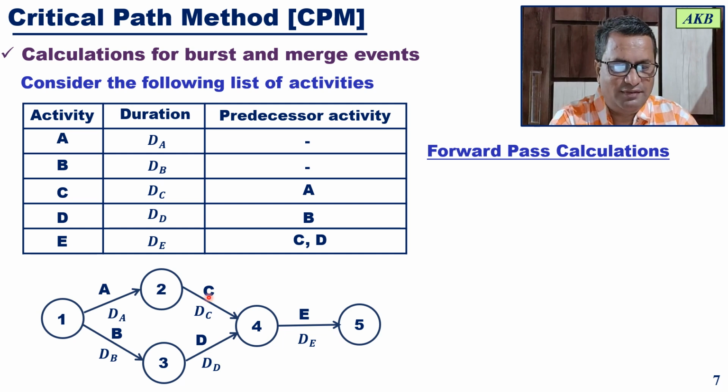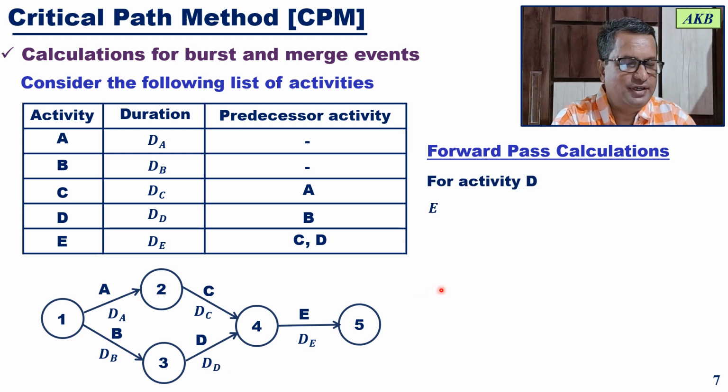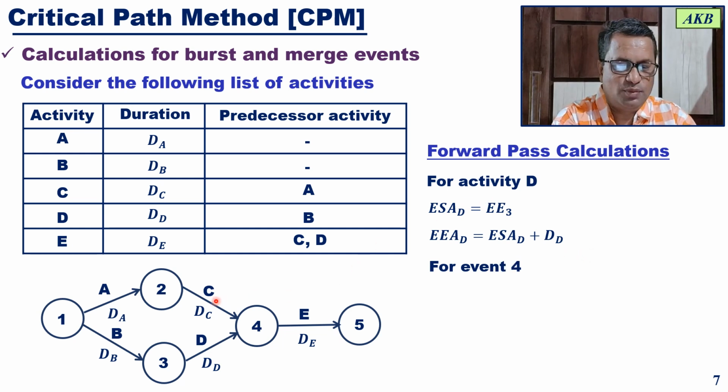After activity C, next you do calculations for activity D. The earliest start time for activity D is equal to the earliest event time for event 3, and the earliest end time for activity D will be the earliest start time for activity D plus the duration of activity D.